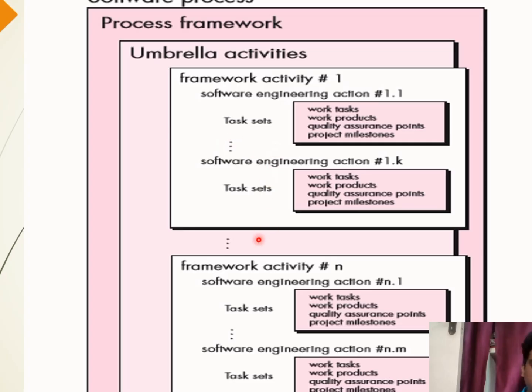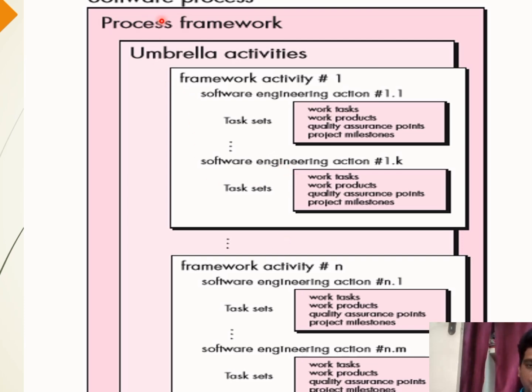A process is a collection of activities, actions and tasks that are performed when some work product is to be created. An activity is something that tries to achieve a broad objective. An action includes a set of tasks that produce a major work product, for example the architecture design model, and a task focuses on a small but well defined objective.